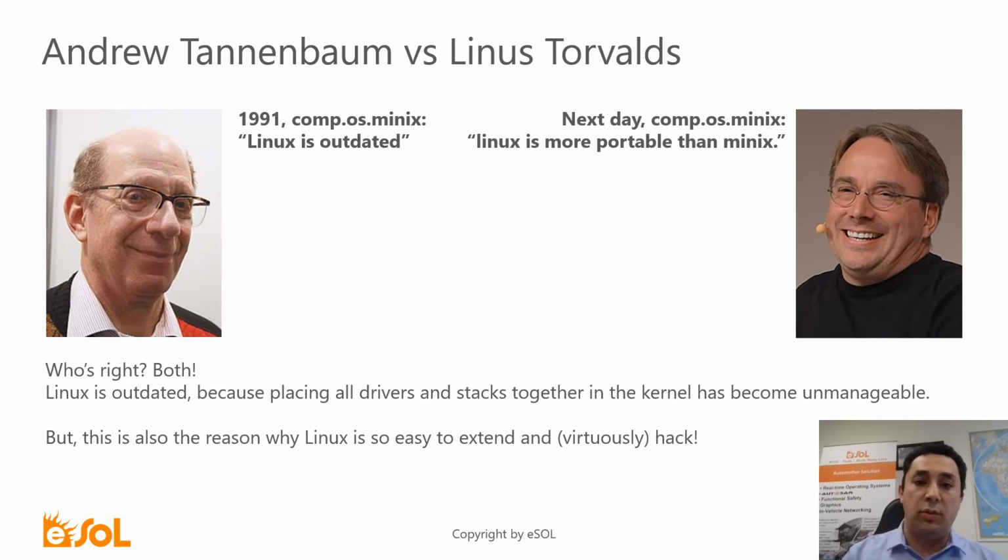Andrew Tanenbaum is a researcher at the university and the creator of the Minix operating system. And in the early days of Linux, one of his famous sayings was that Linux was by design outdated, even in the beginning of its existence. As an answer, Linus explained that Linux is more portable than Minix. Minix is a notable microkernel design, while Linux is a notable monolithic design.